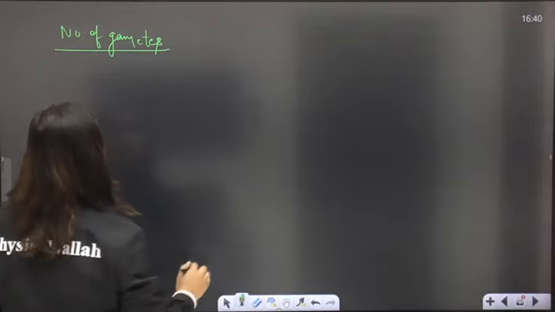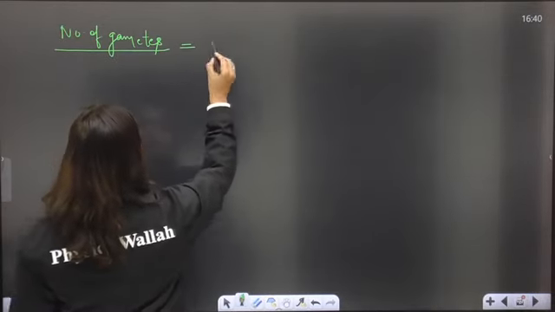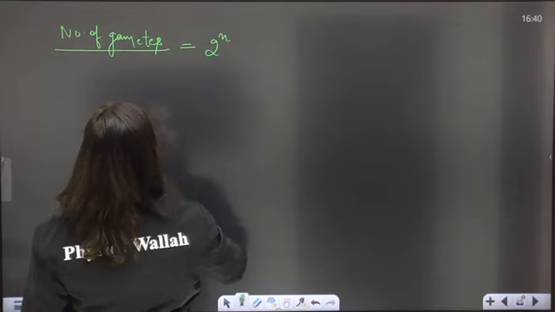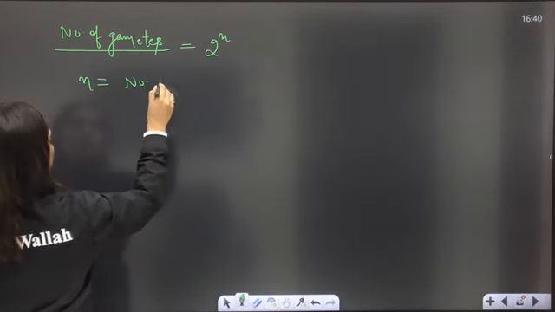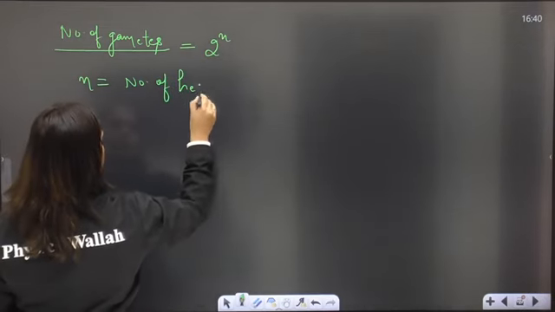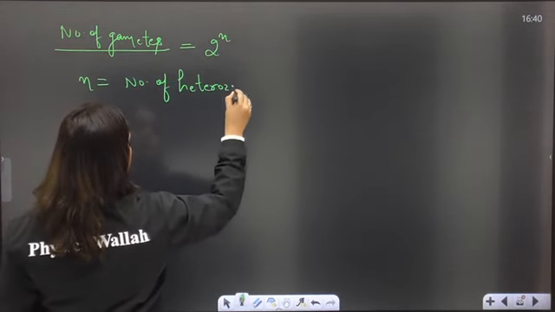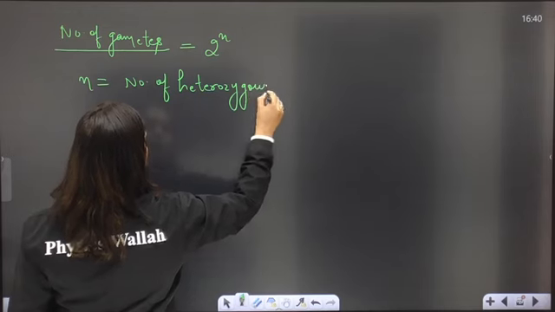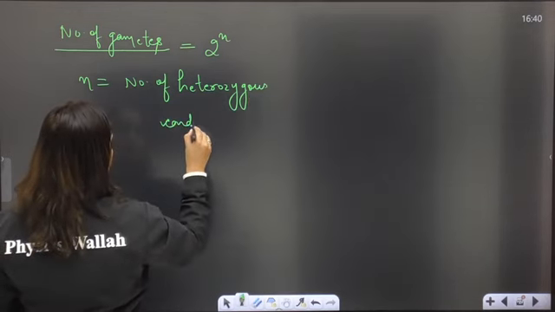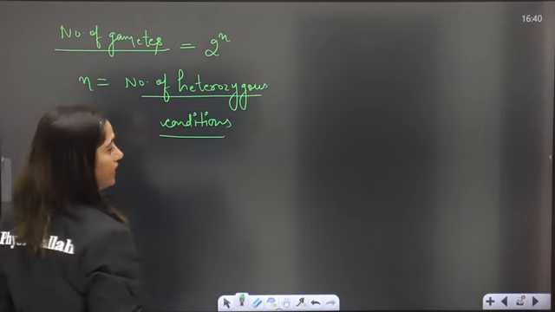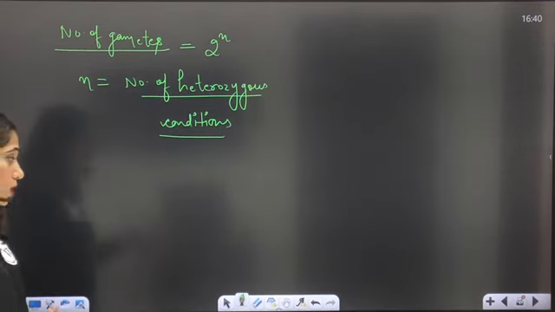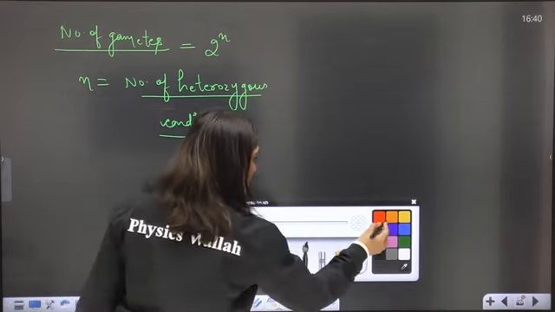The formula is 2 raised to the power n, where n is the number of heterozygous conditions. Now, how will we solve these types of questions?